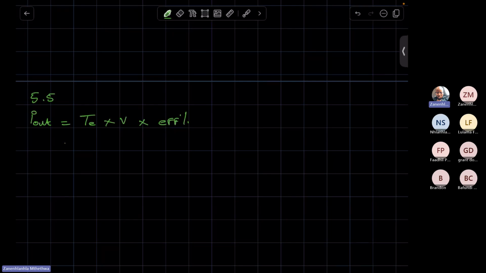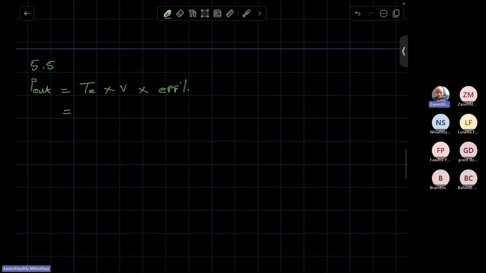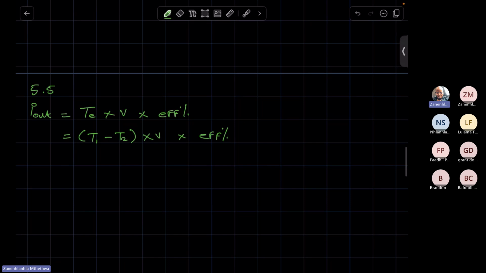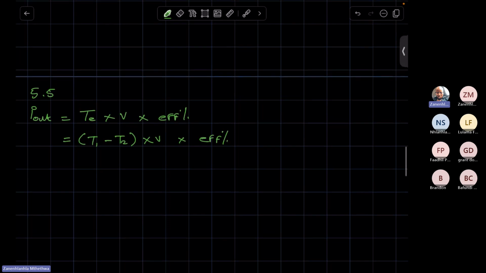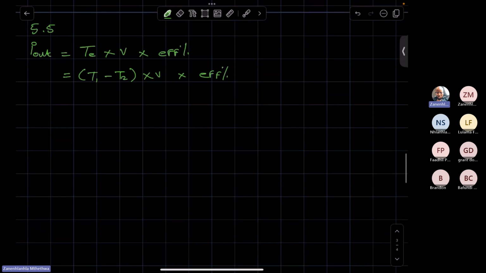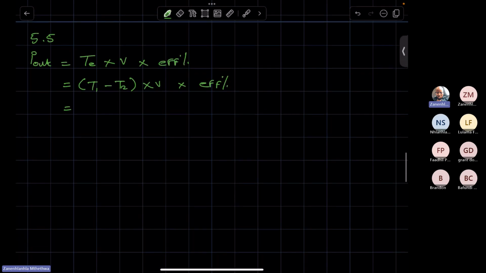To get the power out, effective tension is equal to T1 minus T2 times V times the efficiency. I love using this formula like this, because it gives us exactly what they are looking for, instead of having to use the formula for efficiency. You might as well just do this here.